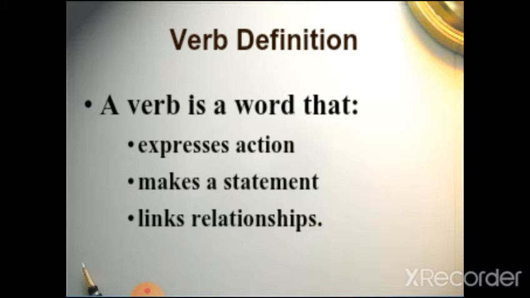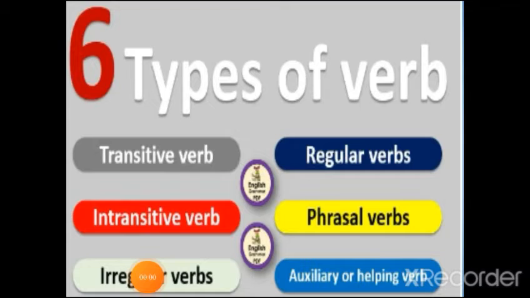A verb is a word that expresses the action, makes the statement, links the relationships. So what is a verb? A verb expresses the action, makes the statement or sentence, links the relationship between the sentence. Now let us see the types of verb. There are a total of 6 types of verb.